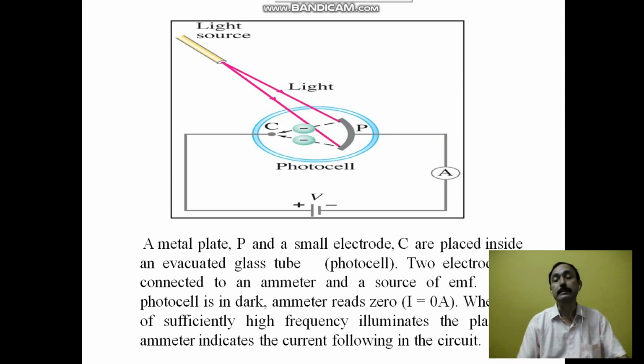When the photocell is in the dark, that means no light is falling onto it, the ammeter reads 0, that means I is equal to 0 ampere. When light of sufficiently high frequency illuminates the plate, the ammeter indicates the current flowing in the circuit.